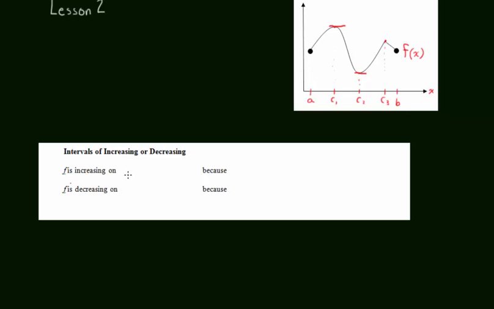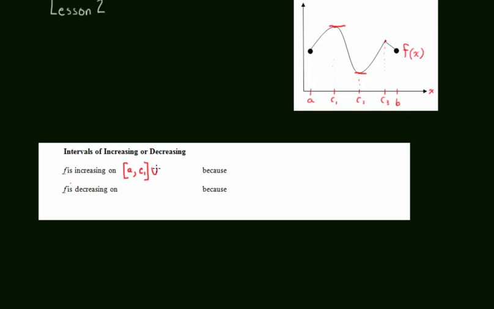Okay, next we're going to look at intervals of increasing or decreasing. We're going to say that f is increasing on. Now, there's a small pill to swallow here as you accept this. f is increasing on the interval A to C1. The pill you're swallowing is that I'm using a bracket, so just bear with me here.